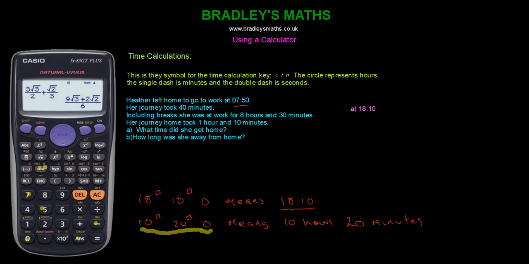If you had not only cancelled your calculator out, but you'd done another calculation, so you didn't have your 1810 in there at all, what you would have to do then is put the 1810 in first, so it's 18 time 10 time minus 7 time 50 time equals, and again you will come up with precisely this, and that would be your answer.